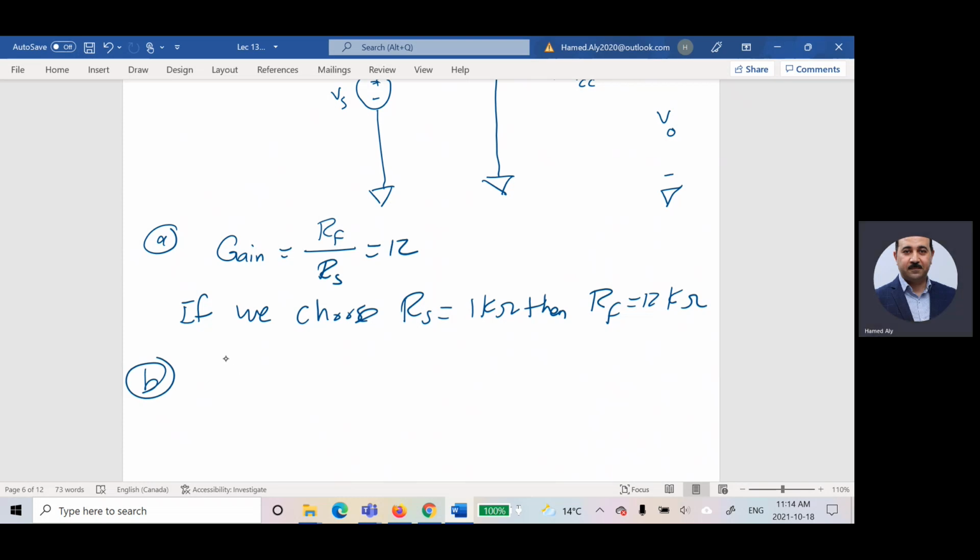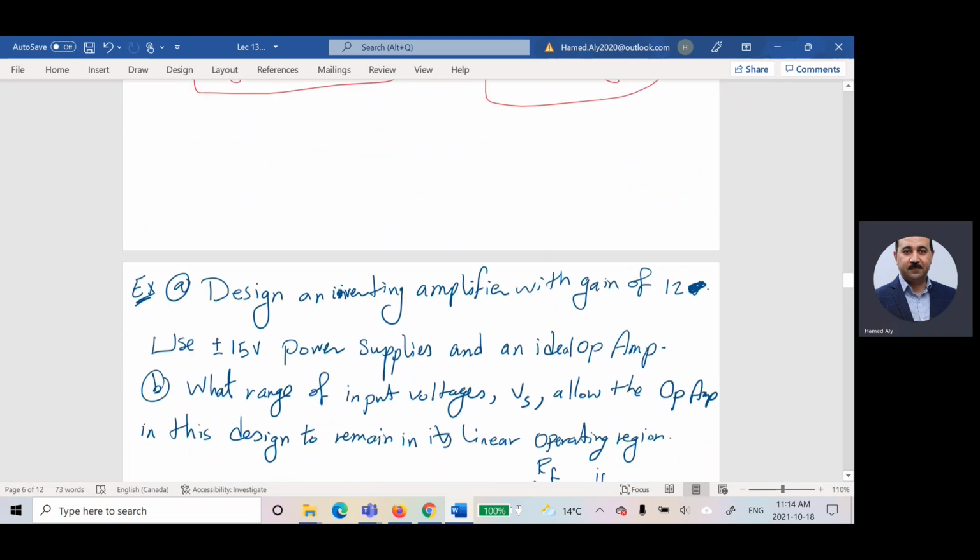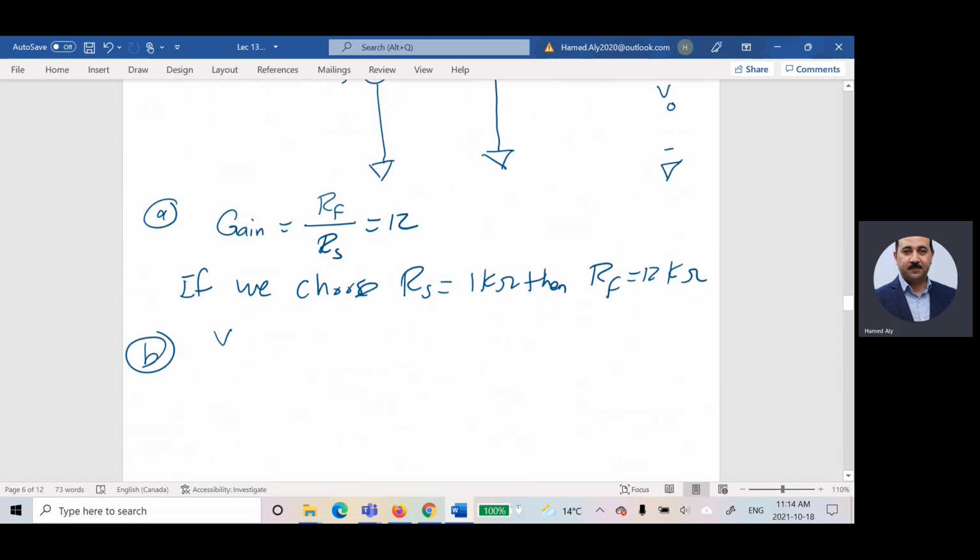I know the gain, VO over VS, is equal to negative RF over RS, which is equal to negative 12.